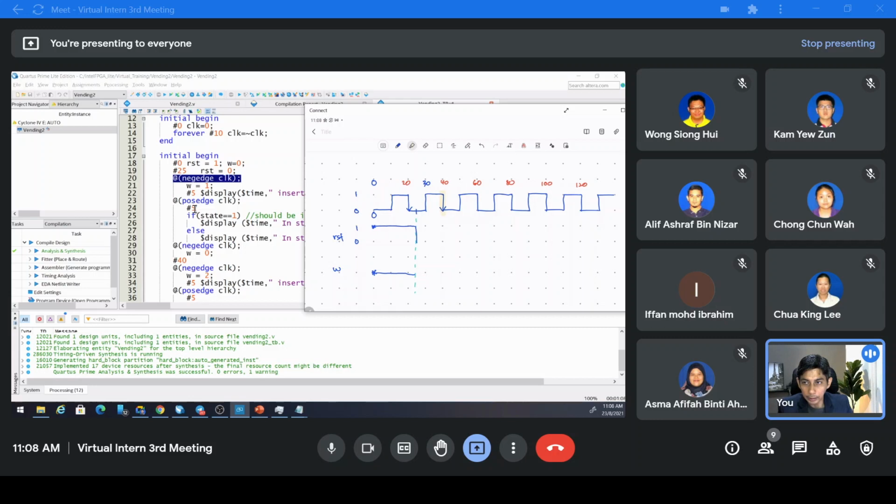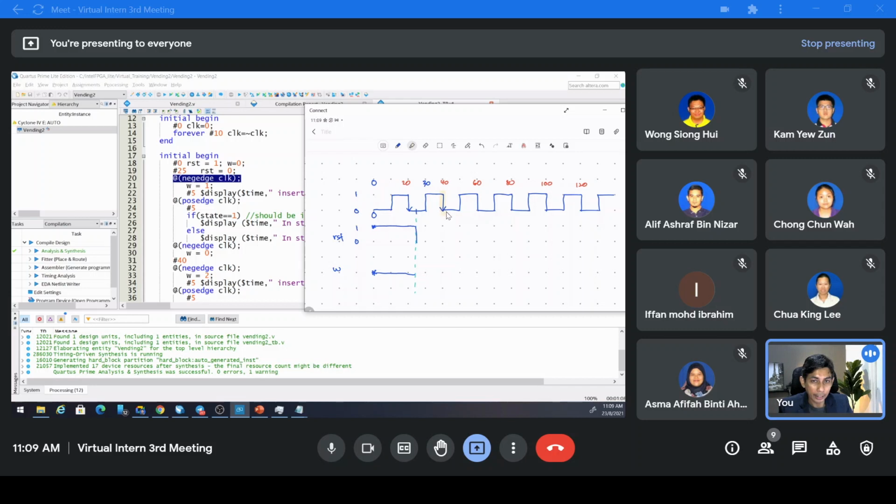Why 5 nanosecond? This depends whether you want 5 or 2, because normally after the clock edge, we don't want to check any output exactly at the clock edge, because the output is not stable yet.